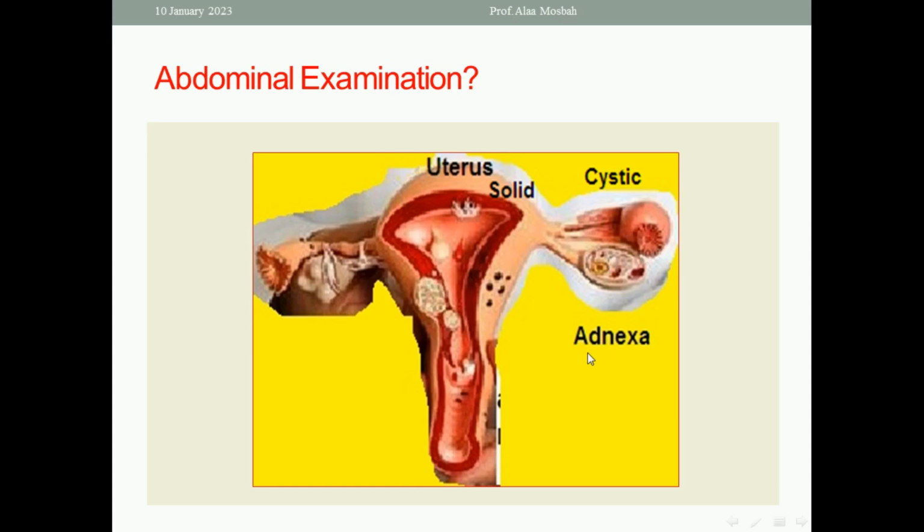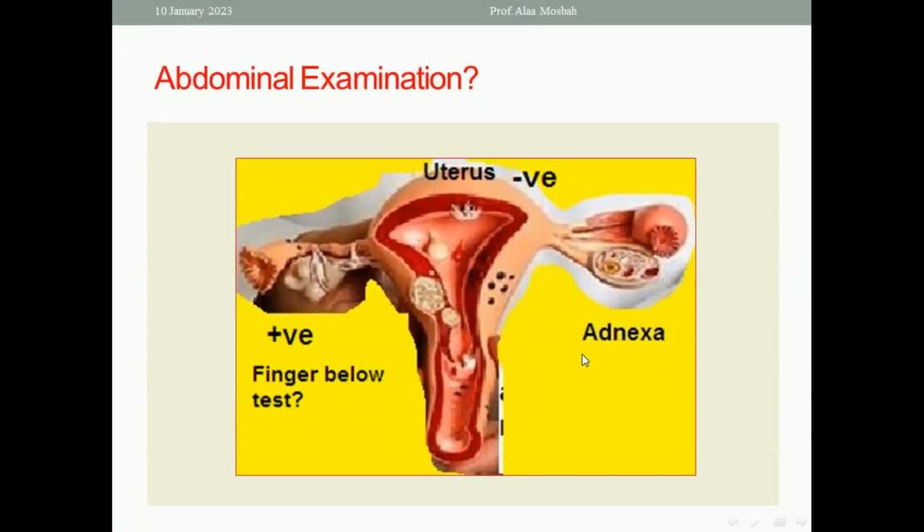What else in abdominal examination? There is a test called the finger below test. If I can insinuate my finger below the mass while doing abdominal examination, is it uterine or ovarian? If I can insinuate my finger below the mass, it is ovarian.